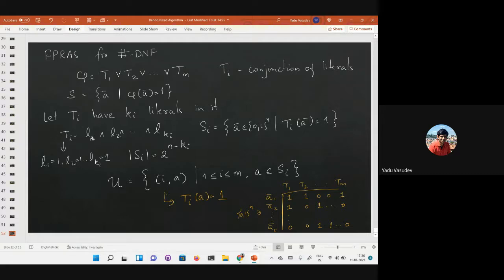So the same assignment might appear in several places, because it is satisfying at least one term. That's what it means. Now, what can you say about the cardinality of U?